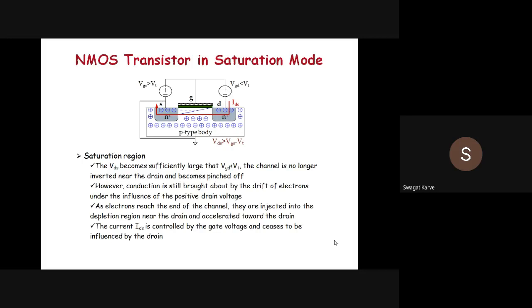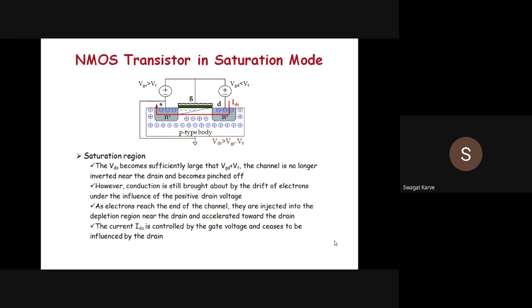In linear mode, when VGS and VGD, the voltage applied between the gate and source and gate and drain, is greater than VT, and VGS is greater than VGD, if these two conditions are satisfied, then it enters into linear mode and the channel will be formed, and once the channel is formed, the drain current will start flowing.